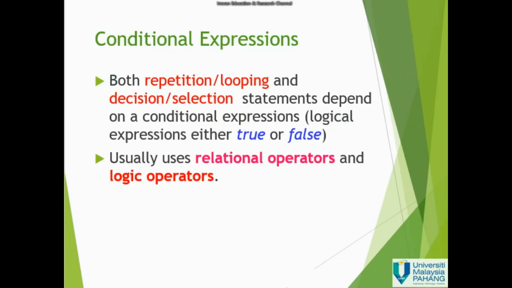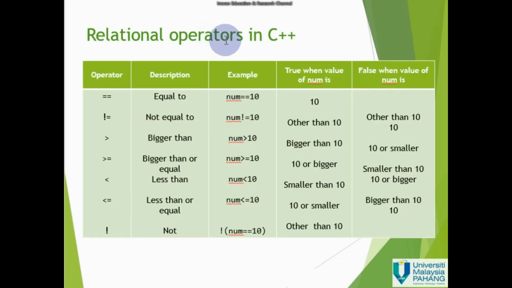Okay, so for the conditional expression, in C or C++ generally they will use relational operators and logical operators. Relational operators are what we use to give the condition of the switching statements that we want, so what is the condition to come out with a certain output in the software.